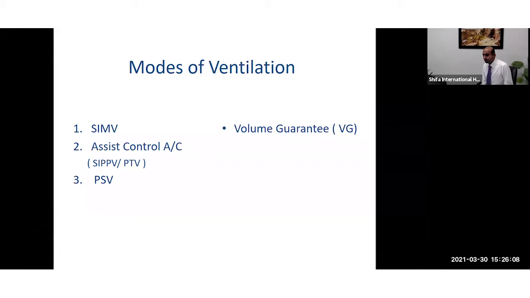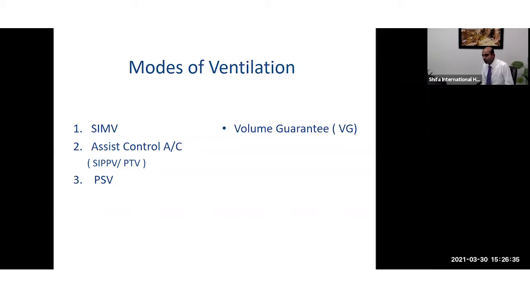So coming on to what are the different modes of ventilation that we can use. On the left, on this side of the screen are the pressure control modes, which are SIMV, which is synchronized intermittent mandatory ventilation. The second one is assist control, and on different ventilators, the other names for the same mode are SIPPV or PTV.